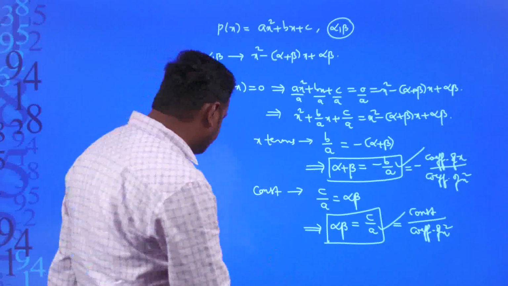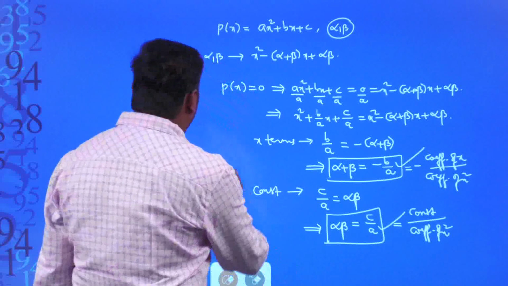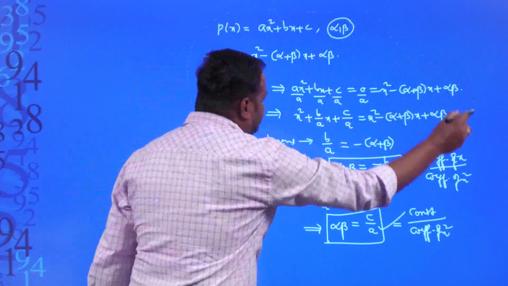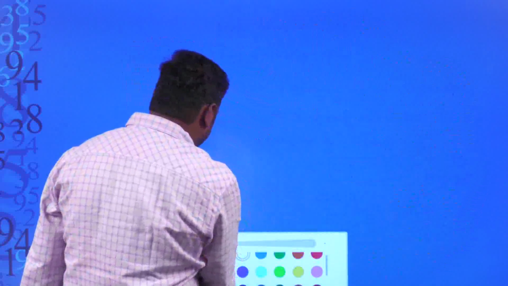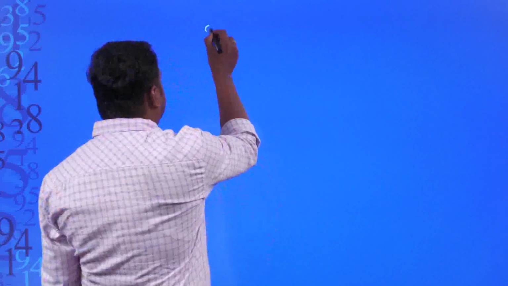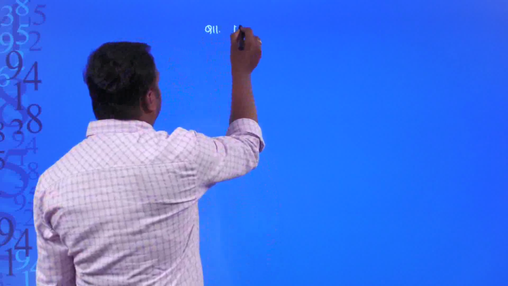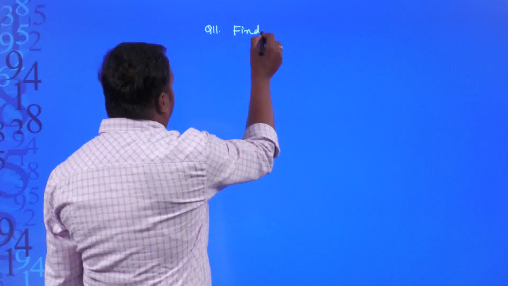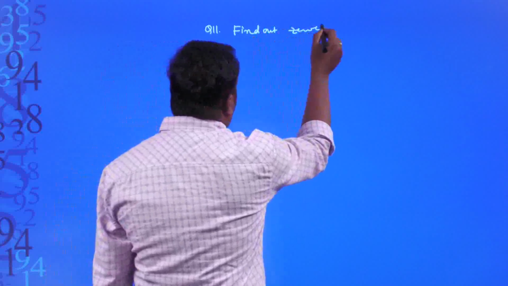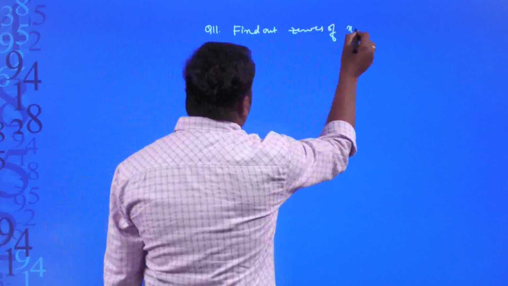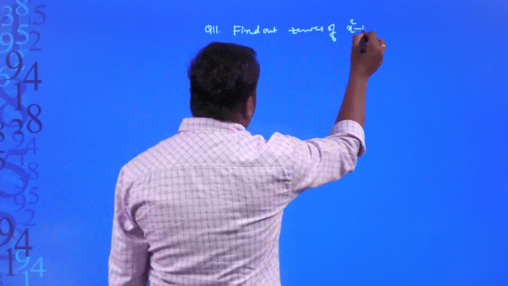For example, you are given one problem: find out zeros of the polynomial and also verify the relationship between zeros and coefficients of a polynomial. Okay. So the problem here is, find out zeros of x square minus 17.